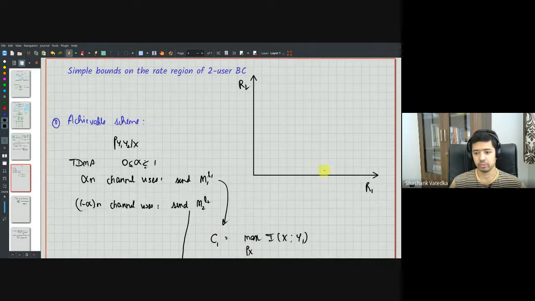right? So you take R1 to be equal to C1 and R2 equal to C2. So essentially using TDMA, any point on the line joining C1 and C2 is achievable.